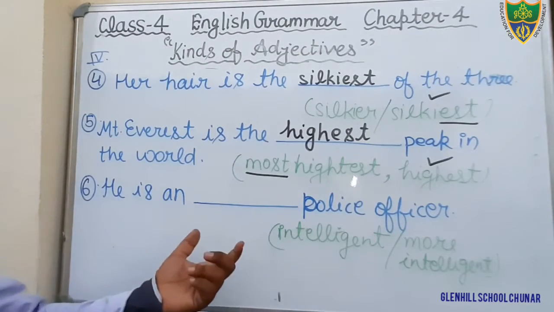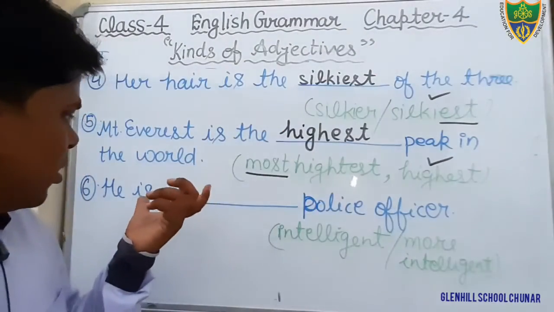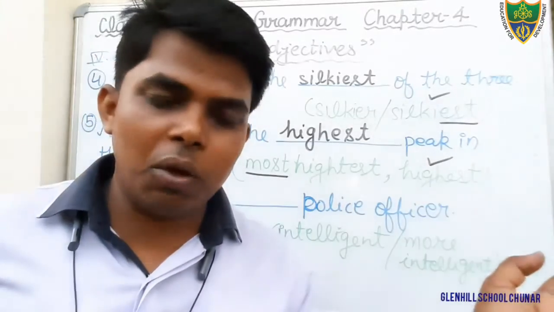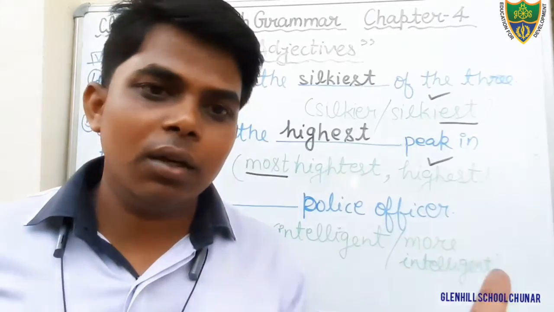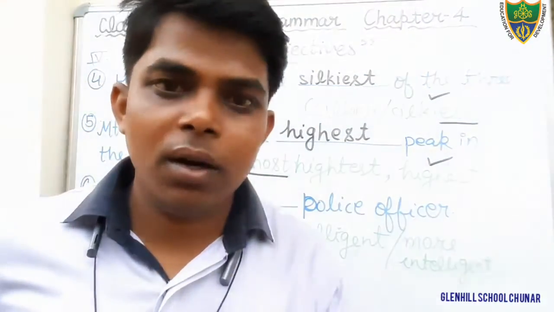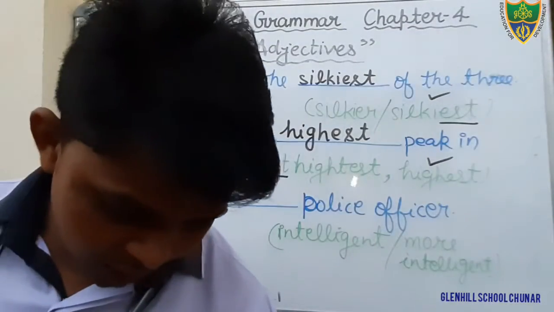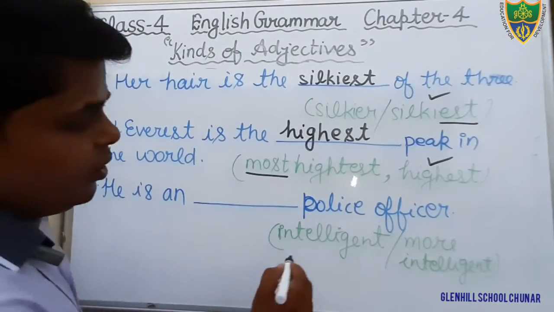He is an police officer. Dear students, in this sentence we see that there is only one person. There is no other person involved. There is no comparison with anyone. So we will use the positive form of degree here, and we will select the positive degree. Yes, he is an intelligent.